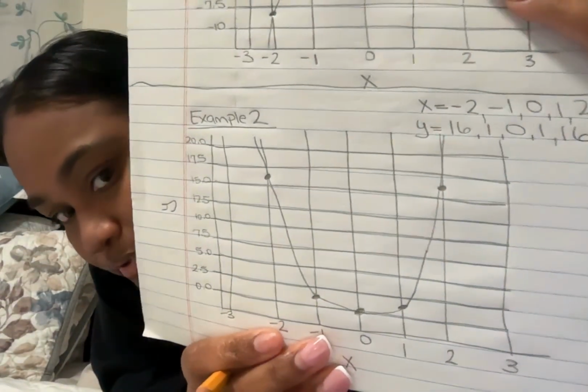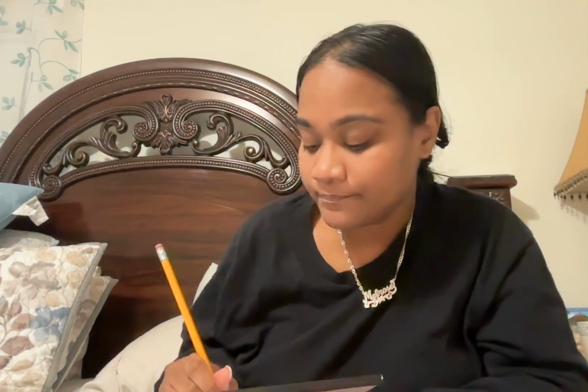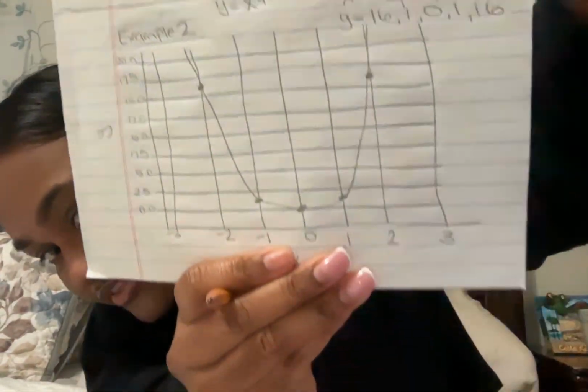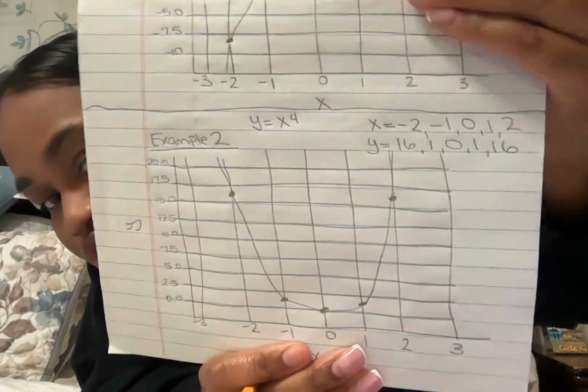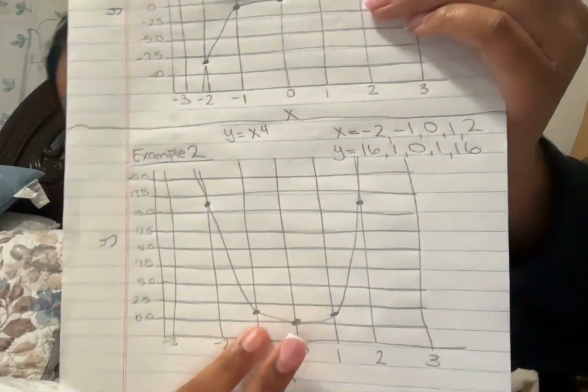So for example number 2, which I'm also going to write here, y equals x to the 4th power. This is our example 2, where it shows x to the 4th power.